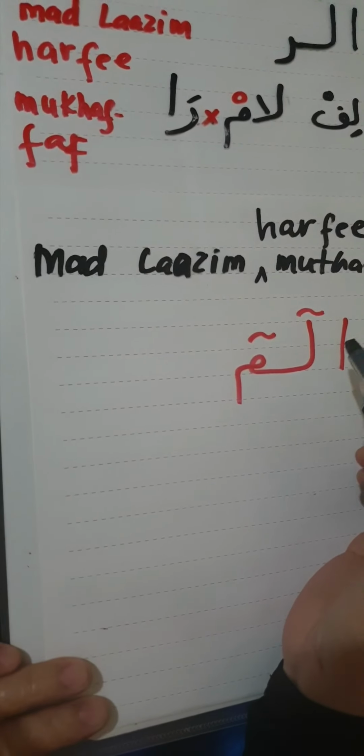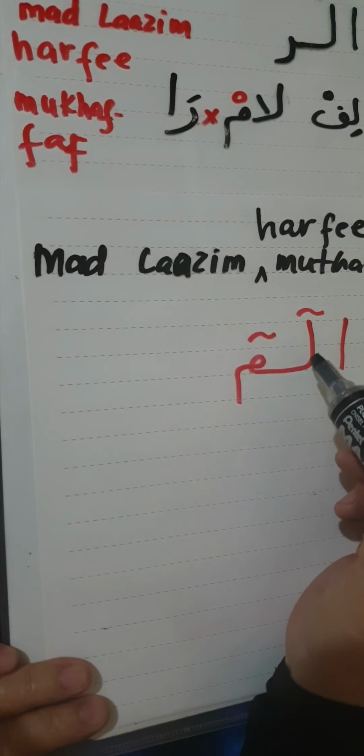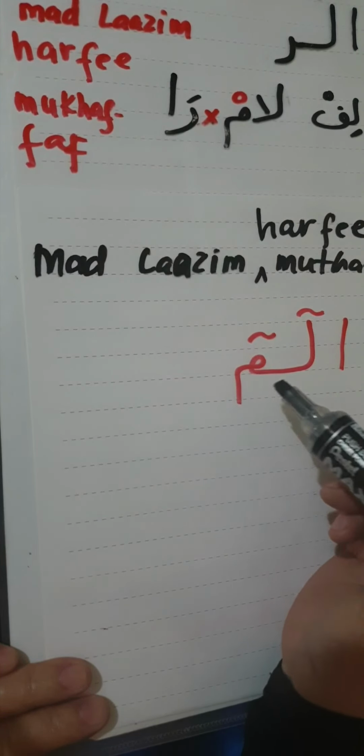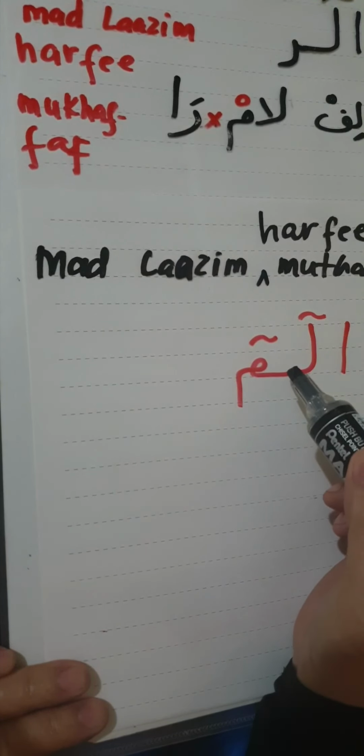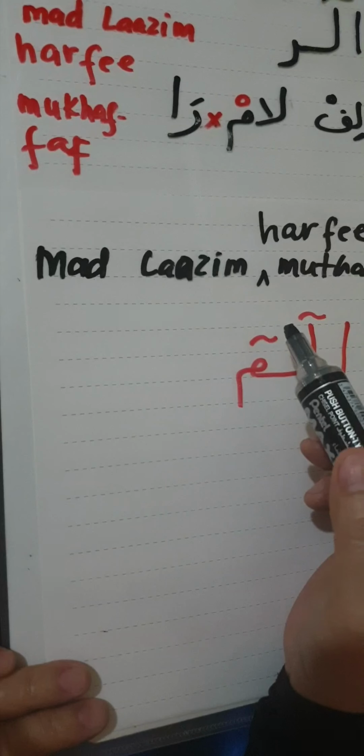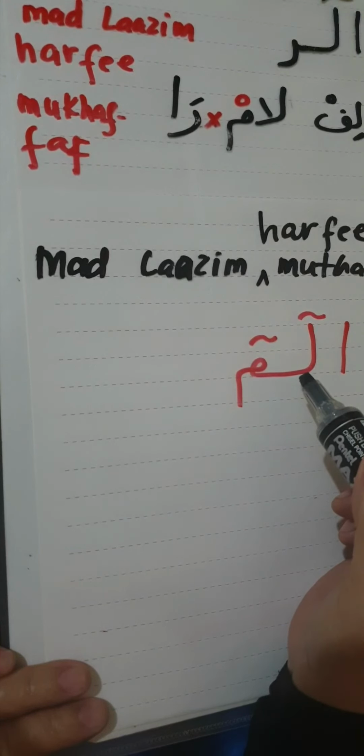So the example is this alif, lam, mim. As you can see, the second letter has a mad, and the third letter also has a mad, and it is merged. Why?